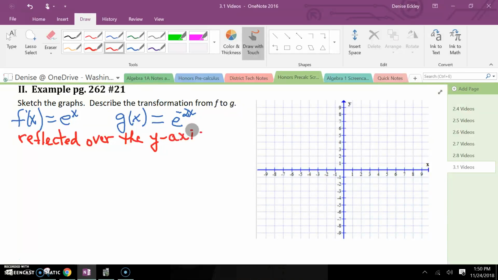And then we're going to have a horizontal shrink by a factor of 2, because we'll be dividing all our values by 2, and we'll end up with a graph that is horizontally shrunk closer to the y-axis.